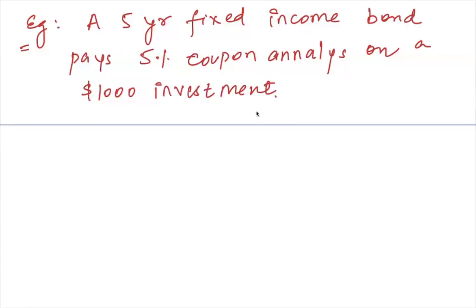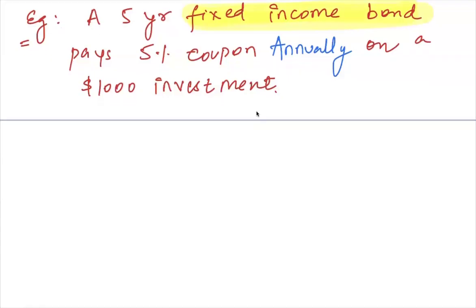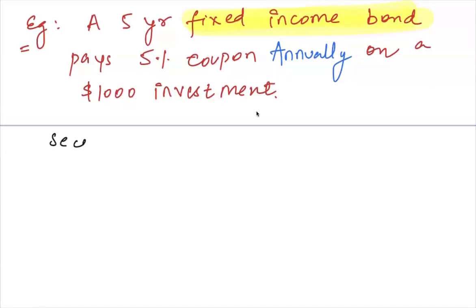What does this basically mean? You have a security whose name is fixed income bond.